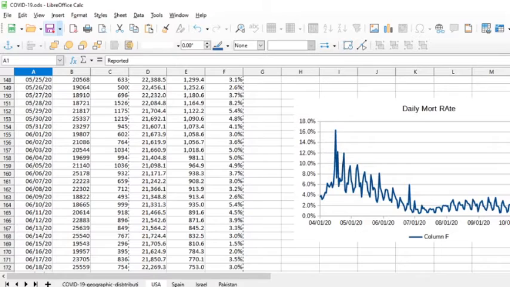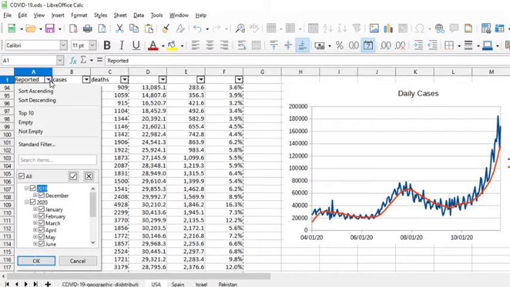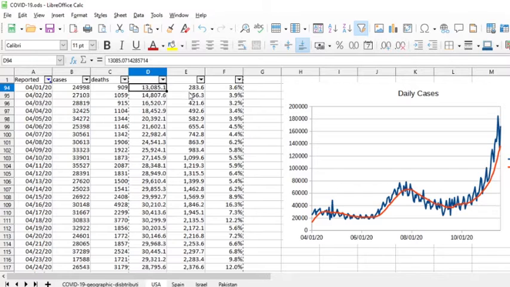Let's just go over here to Spain now. The process was the same. Okay? The process was the same. The code's identical.